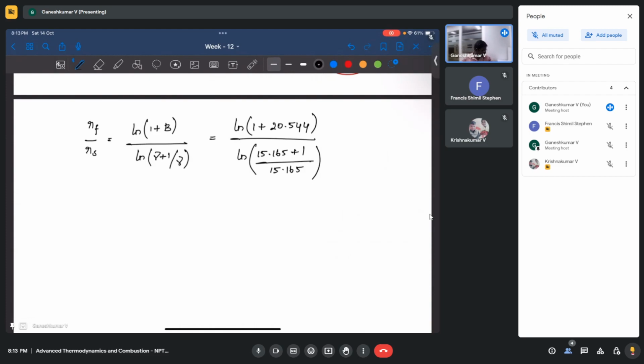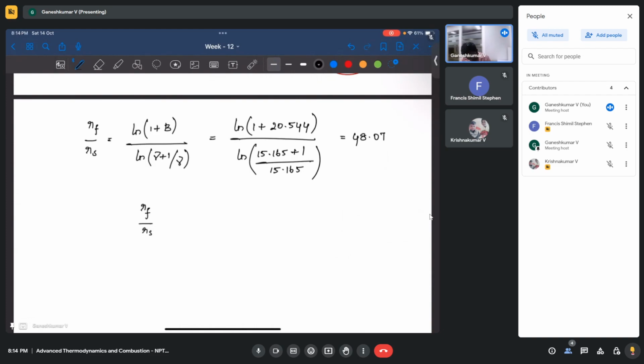Working this out, with 21.544 on top, we have this to be around 48.07. So it's really far.